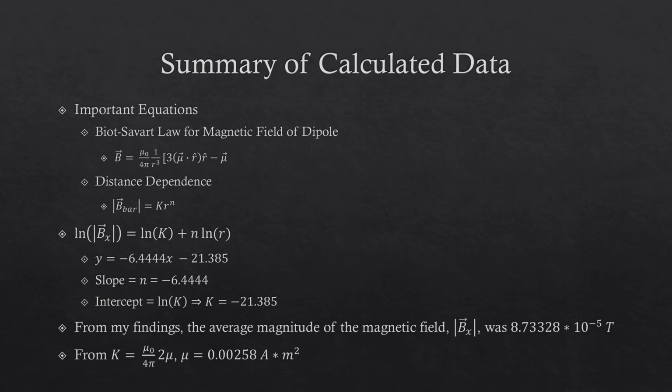This is equivalent to the equation of the best fit line from the graph shown earlier. From my findings, the average magnitude of the magnetic field was 8.73328 times 10 to the negative 5 teslas. From the equation for K, I was able to find that mu is equal to 0.00258 amps times meter squared.